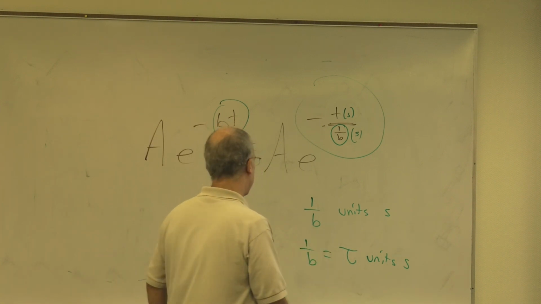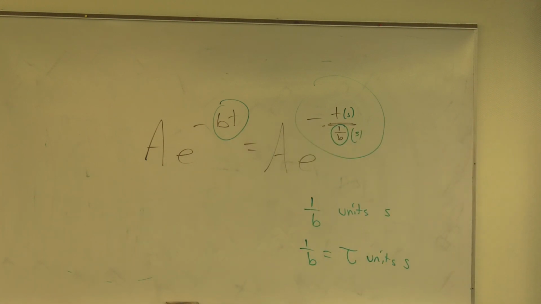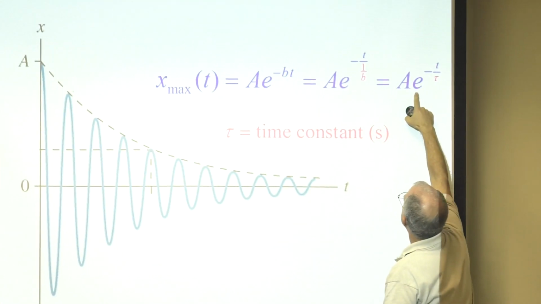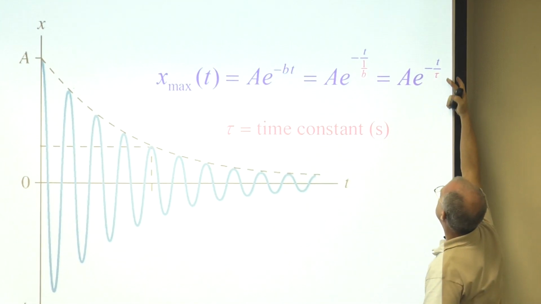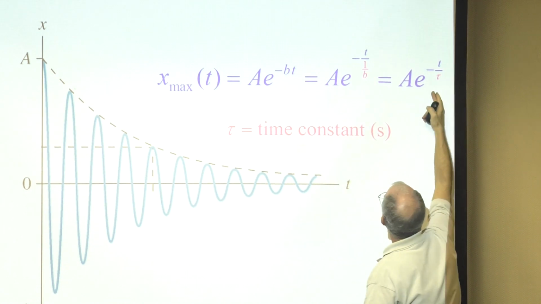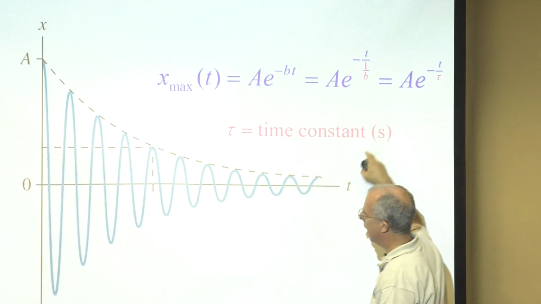So we're going to say 1 over b equals tau, and therefore write this as a e to the minus t over tau. T has units of seconds, tau has units of seconds. So tau is called a time constant, and it's in seconds.